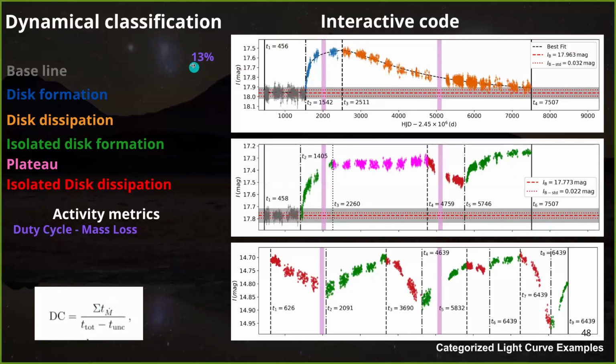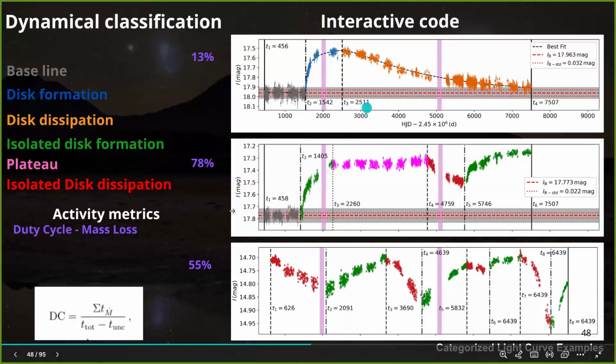It represents 13% of the light curve. In the second example, this is happening in this green, pink, and green data. So it's almost 80% of the light curve. And for half of the time in this last example here, there is mass loss, because it's happening just when the brightness is increasing in this example.